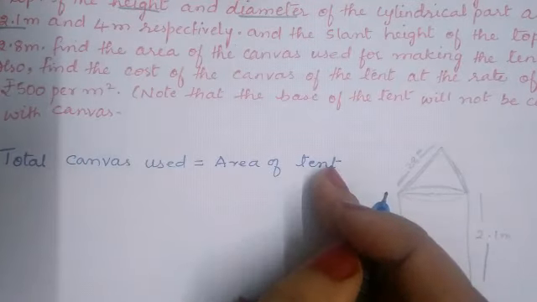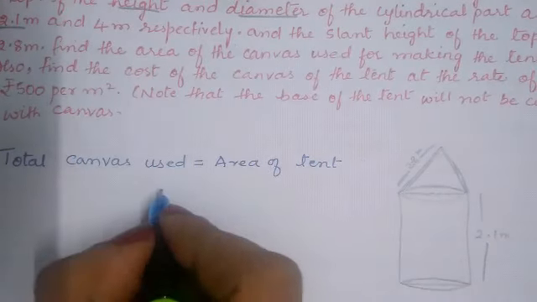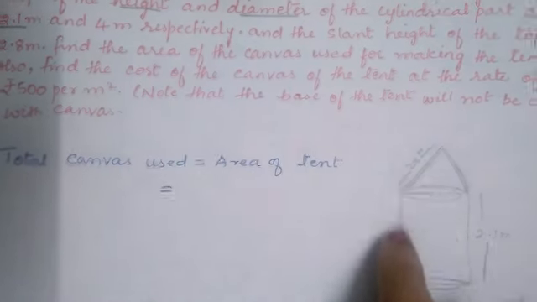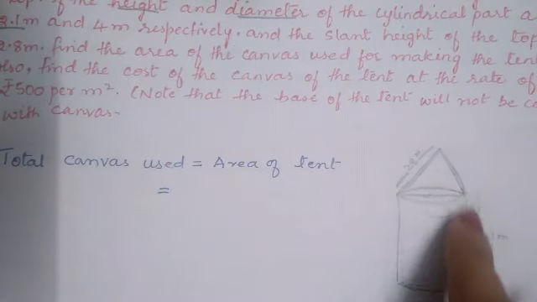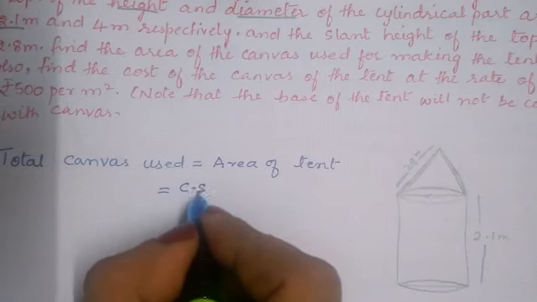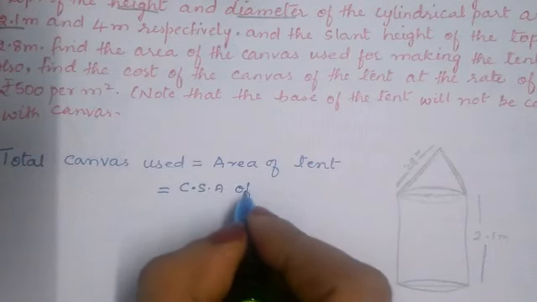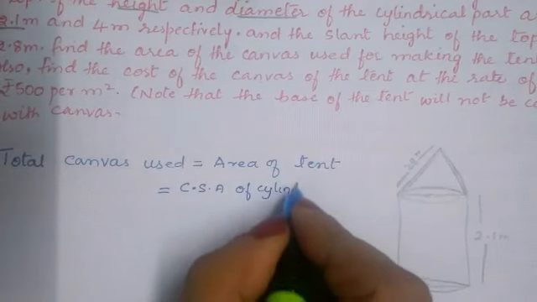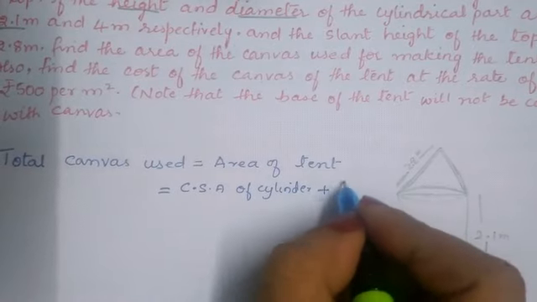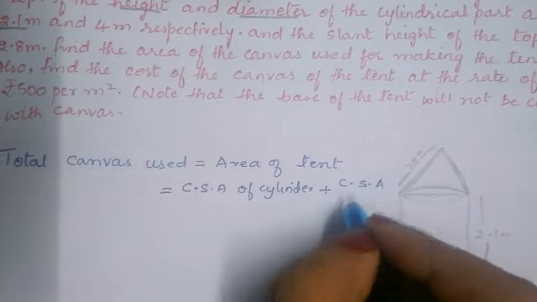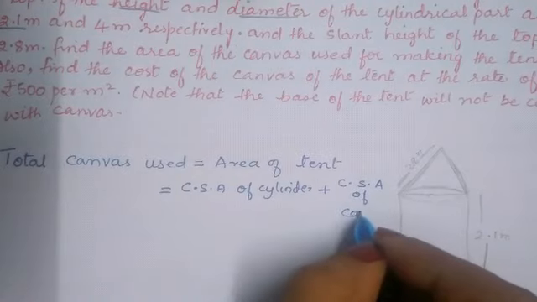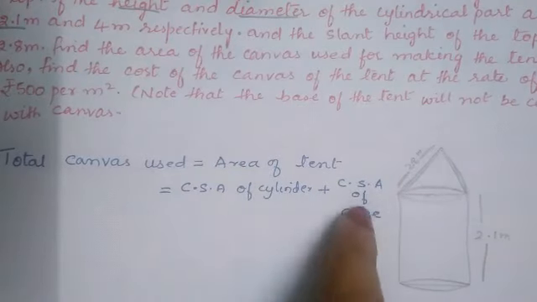That is only the area of the full tent. Area of the tent, how will we get? See, this outer part of the cylinder, that is the CSA of cylinder, plus the CSA of cone. This is the area of the tent.